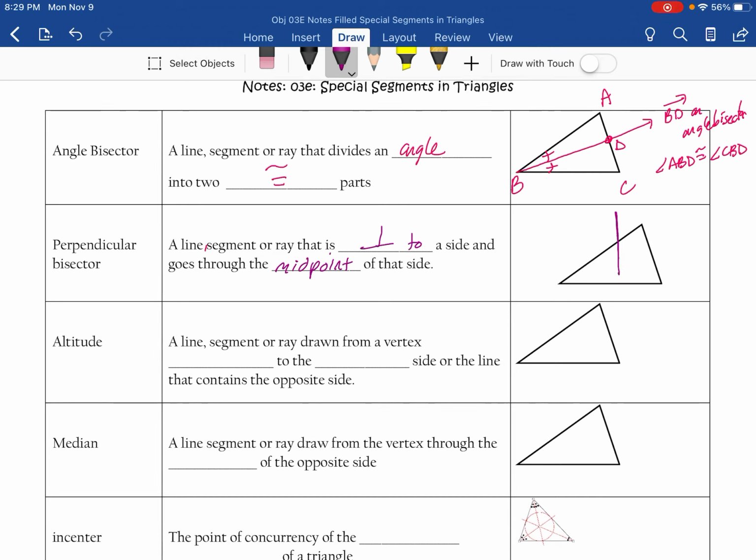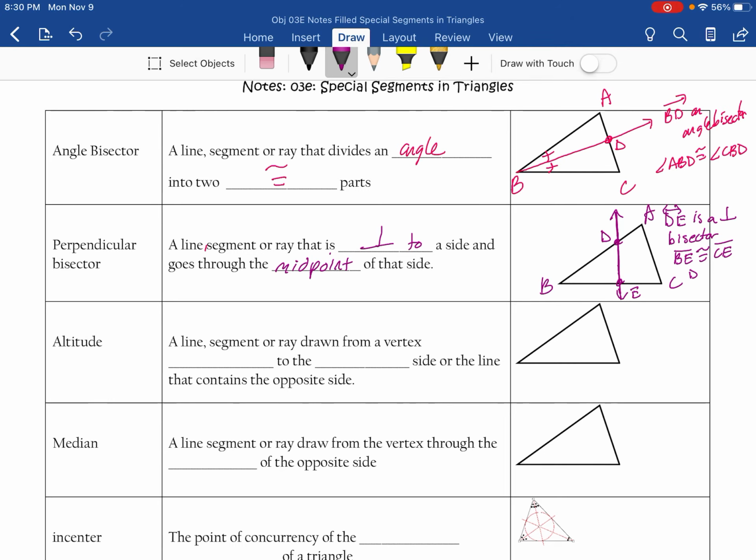So here we have ABC again, and we're going to call this DE. If DE is a perpendicular bisector, there are certain things you can conclude. First thing is, because it's a bisector, you know BE must be congruent to CE.